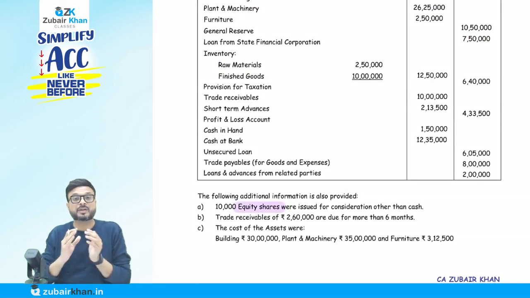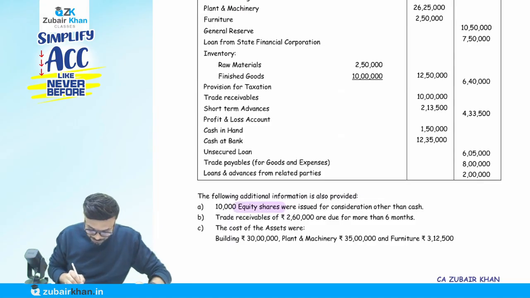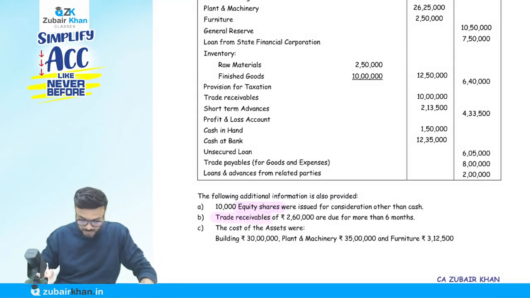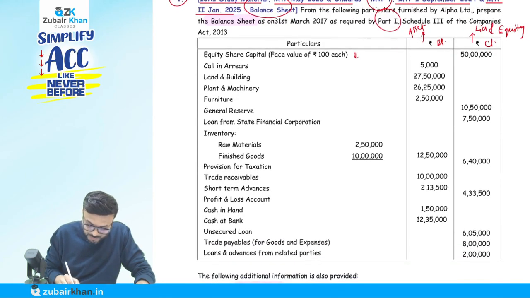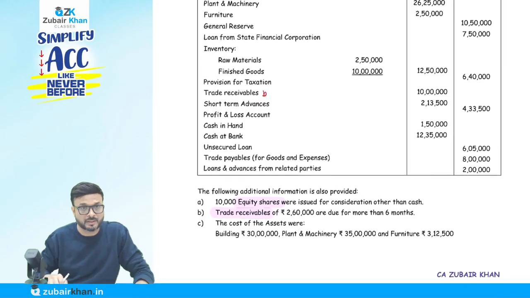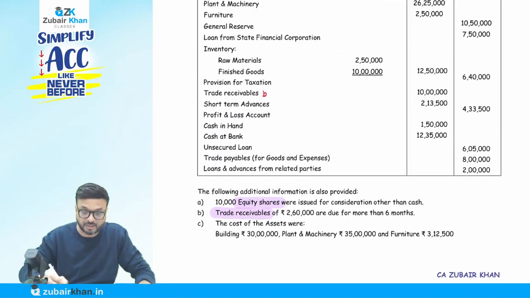Then trade receivable of rupees 2,60,000 are due for more than 6 months. So for trade receivable they have given point B. Something is given in point B, I will explain it, just give the reference there in the trial balance.